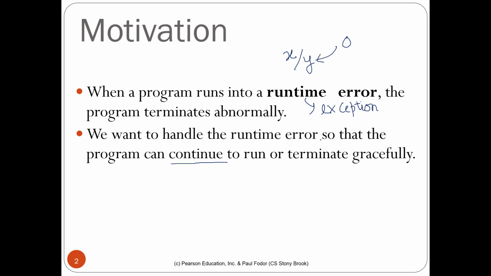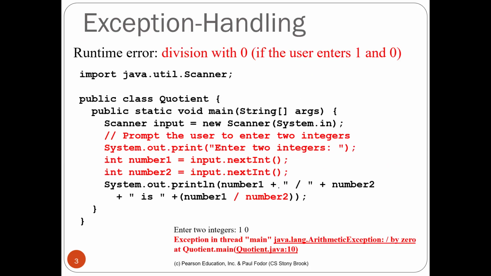So it will help us if we want to handle runtime errors so that the program can continue to run or terminate gracefully, then this can be achieved using exceptions. Alright, so here we have the same examples which I tried in my demo. Since it is more systematic, let's look at that.